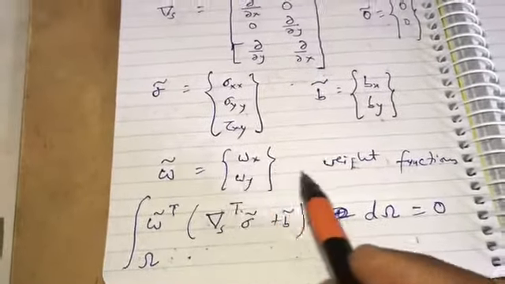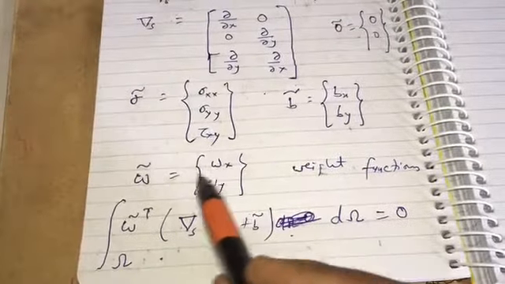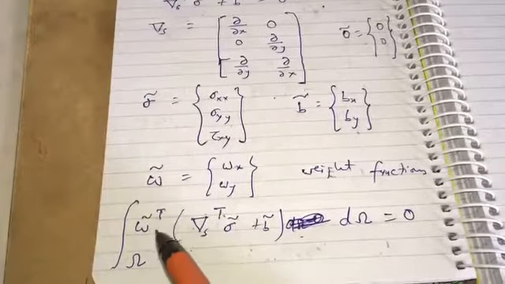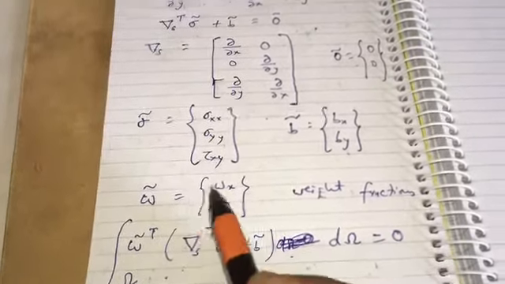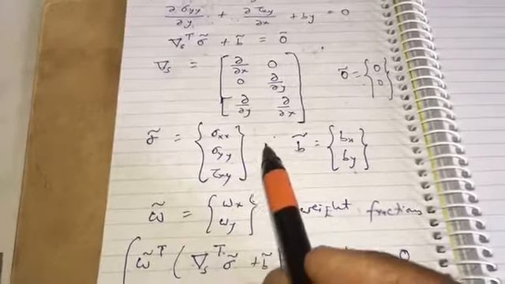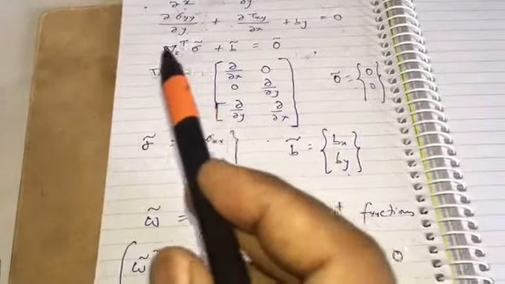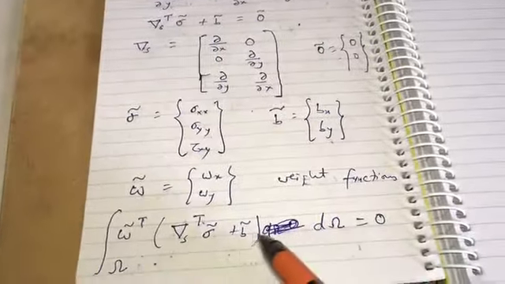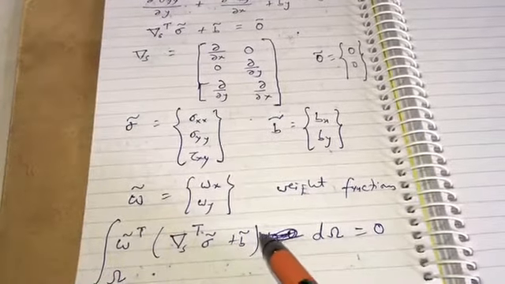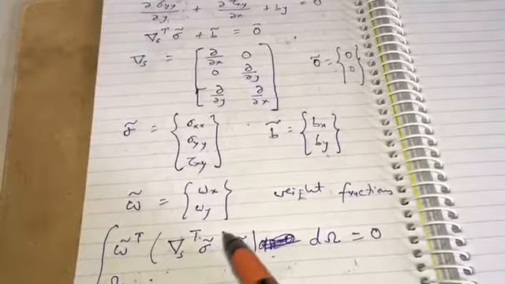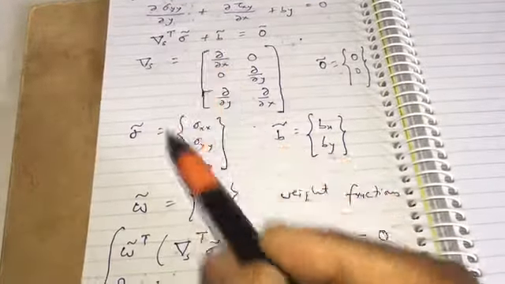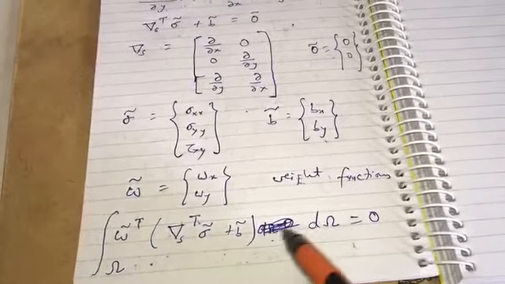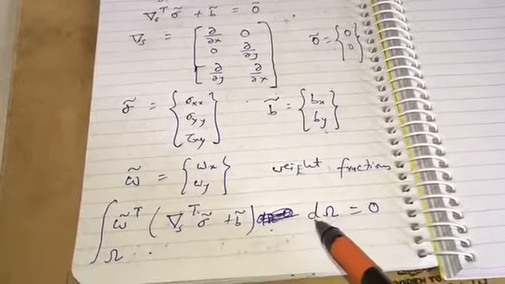This weight function itself is a vector, and we are doing the dot product with this weight function to the original equation of equilibrium, which is also in the form of a vector. This dot product turns the original vector equation into a scalar, and this we are integrating over the whole domain.